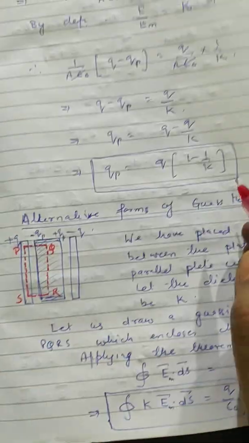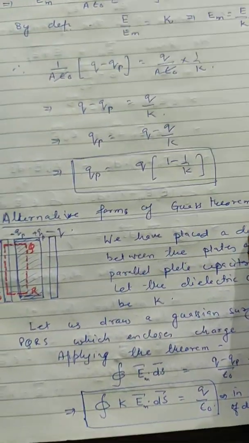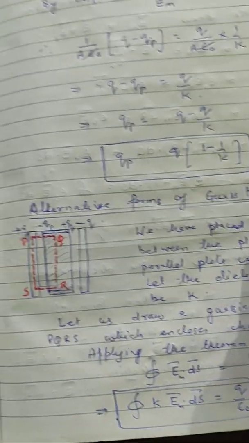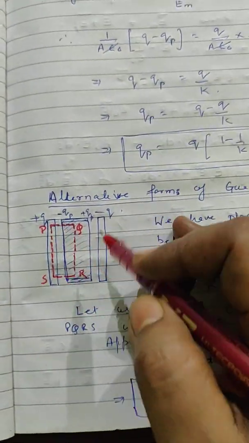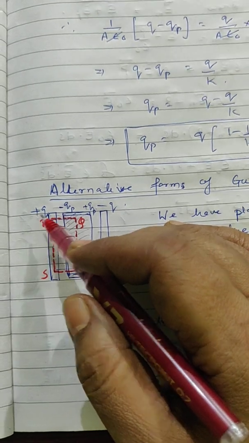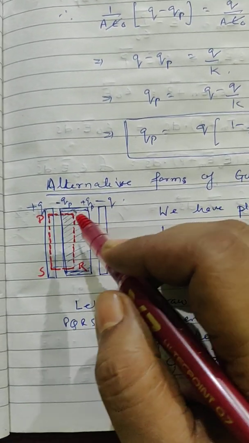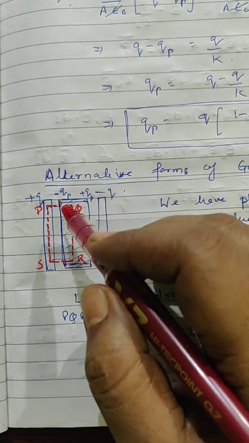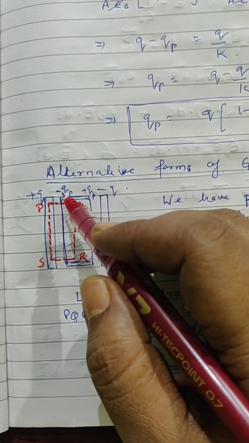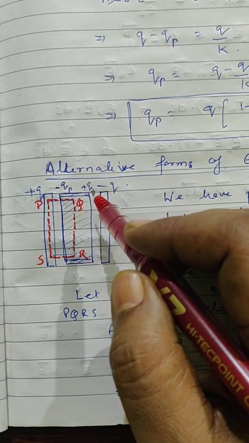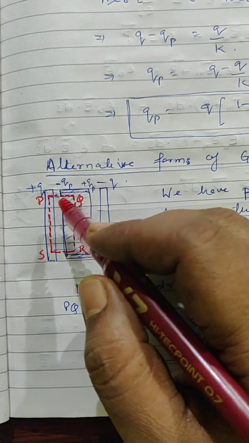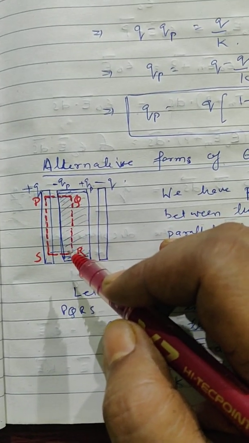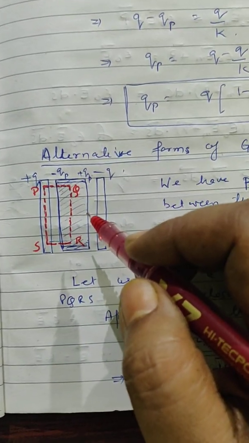Now some other alternative form of Gauss's theorem is also to be discussed. Here we have again taken the parallel plate capacitor carrying a charge plus Q and minus Q, and we have placed a dielectric over here. The induced charges are shown, it's minus QP and plus QP, and we are going to find the electric field in the dielectric using Gauss's theorem.